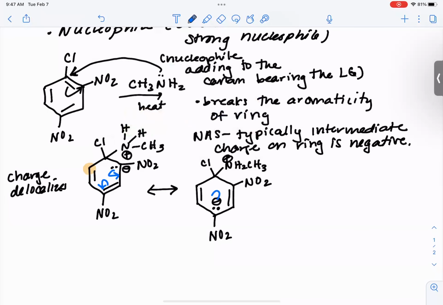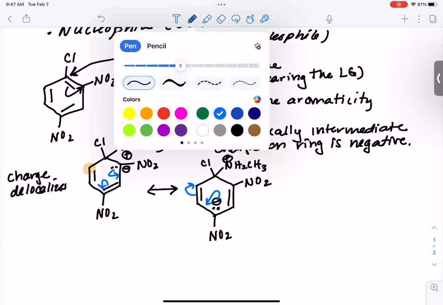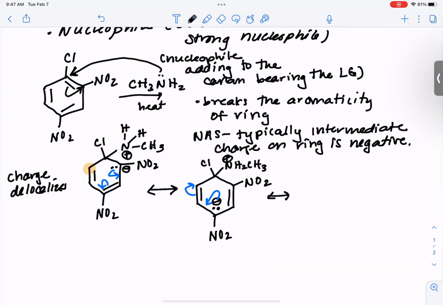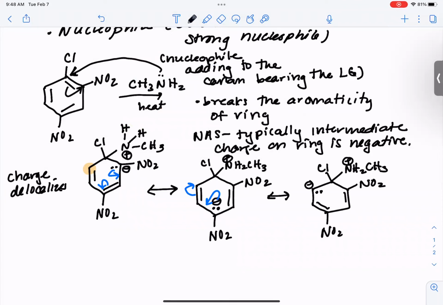And then I've got one more where it can delocalize that way, and you get the charge out on the second ortho carbon. So that's the charge delocalizing to the three carbons of the ring. It delocalizes ortho and para to the leaving group.